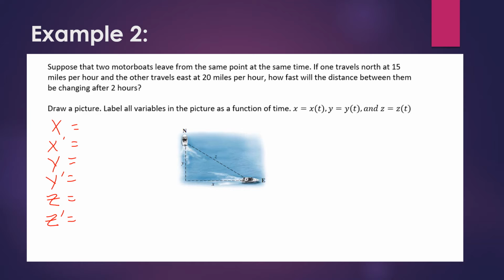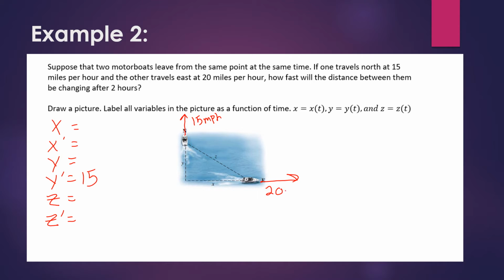So let's see if we know any of these. It says that a boat is traveling north at 15 miles per hour. So that is y changing at 15 miles per hour. So y prime is going to be 15. And then they say that there's a boat traveling east at 20 miles per hour.